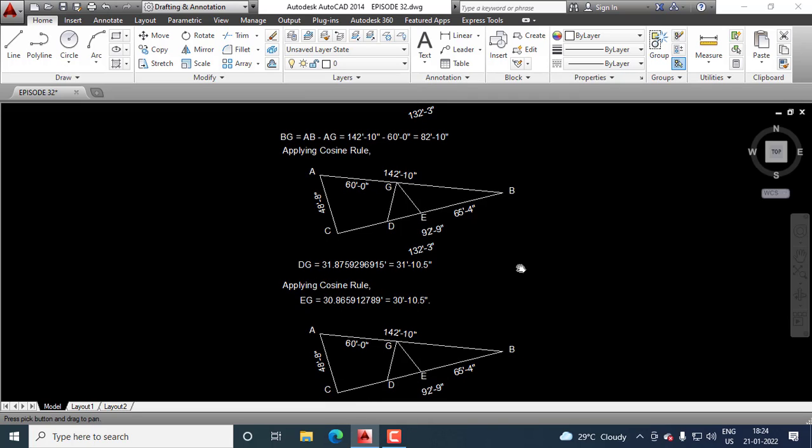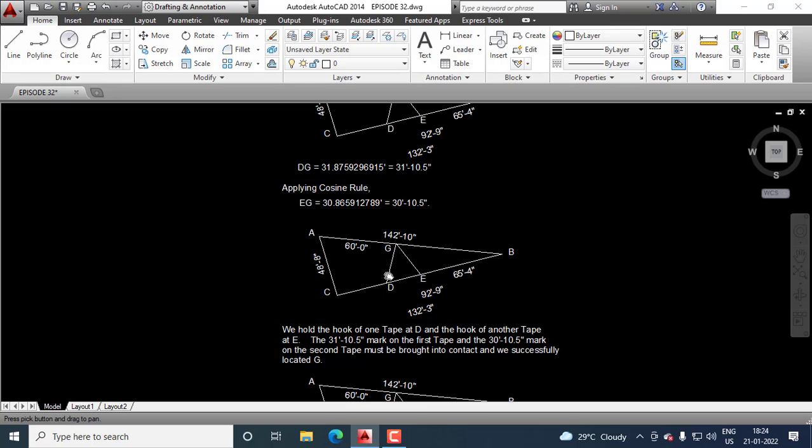We again apply cosine rule. We choose the same angle, but this time we choose this side BE and the same side as in the previous case, BG. So after applying cosine rule, we get EG. EG is 30.865912789 feet. After conversion, this becomes 30 feet 10.5 inches roughly.